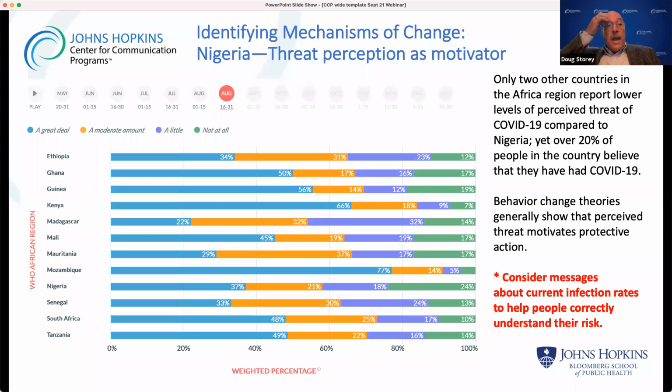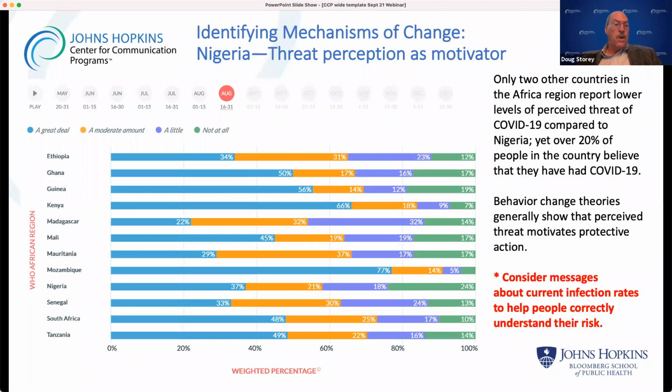Here's Nigeria again, and I'm presenting the graph that shows the level of perceived threat or concern over COVID infection. We can use this kind of information to help us identify potential mechanisms of change. What should we communicate to our populations in order to encourage them to consider vaccine acceptance?